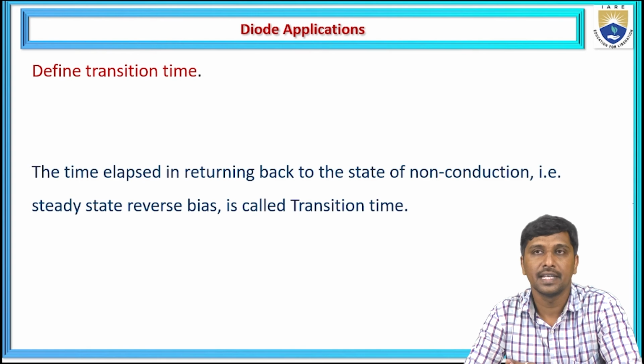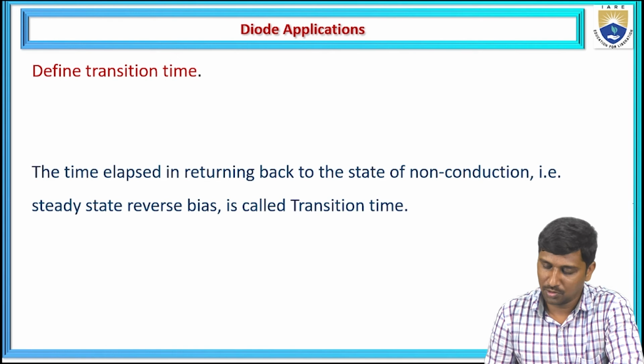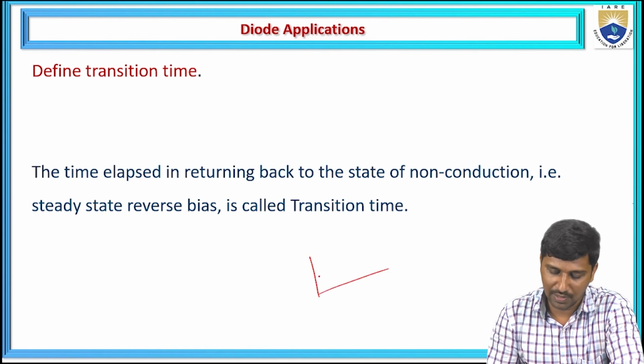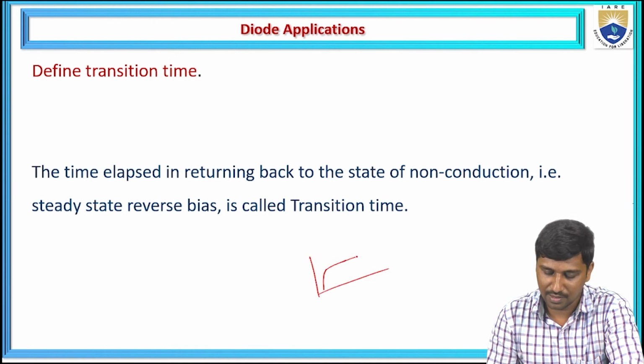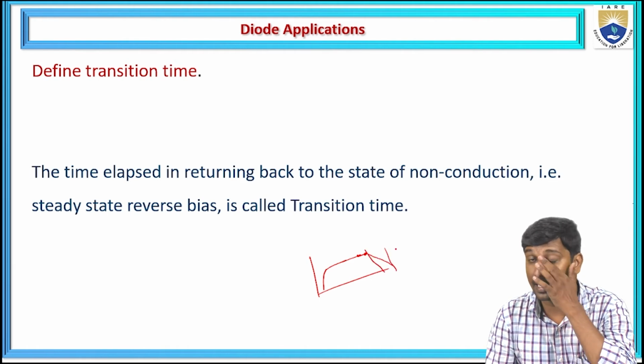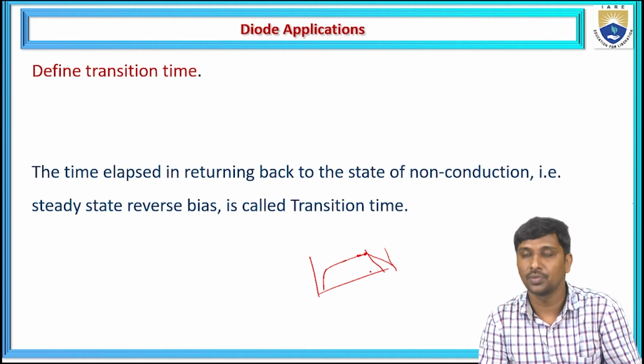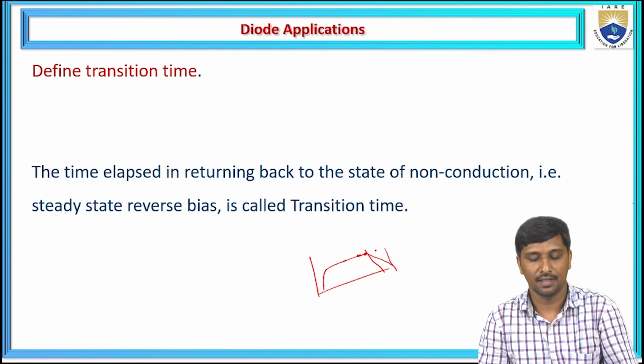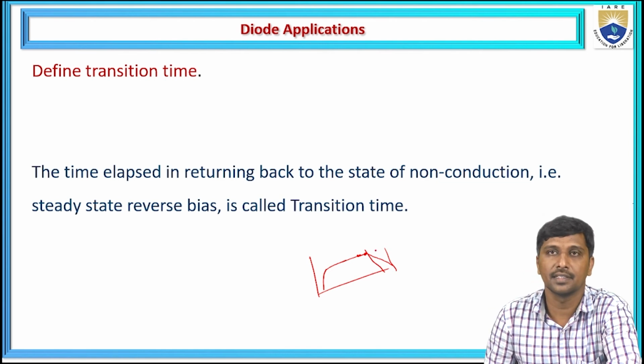It changes from the on state to the off state. In the previous example, even when you apply the reverse bias, for some time period it maintains the previous value, then slowly restores. How much time is required to reach the non-conducting state is called the transition time.